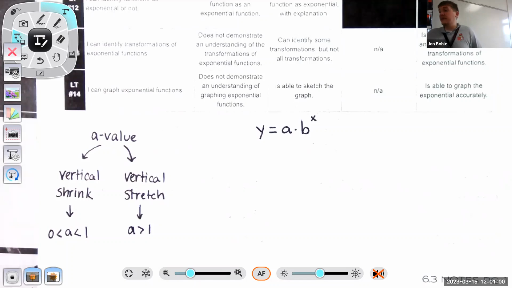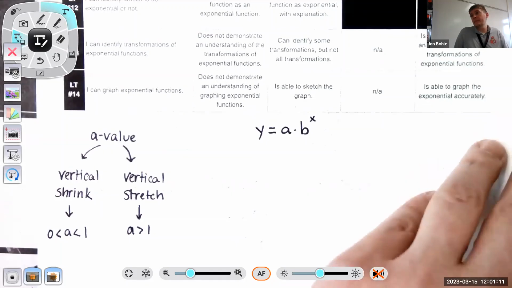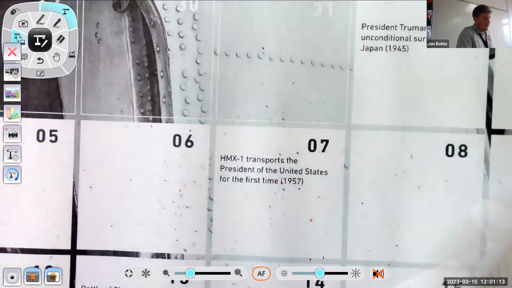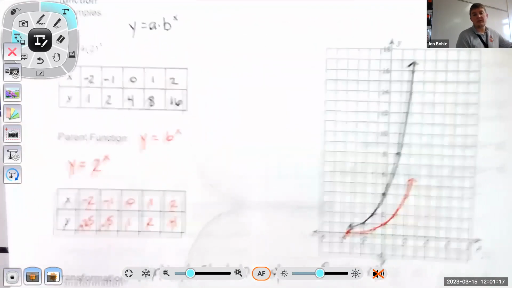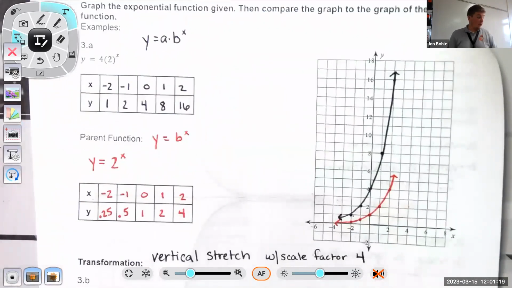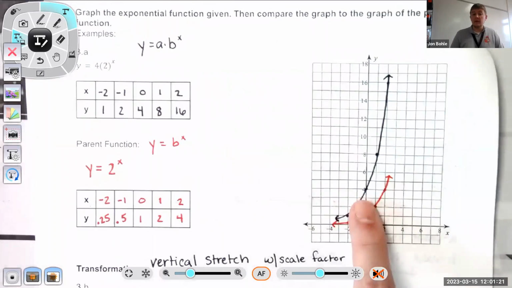So this is valuable information because, I see some people are still writing, a problem like this that we did here is going to be worth 8 points. It's going to be 4 points for the graph that's in black.